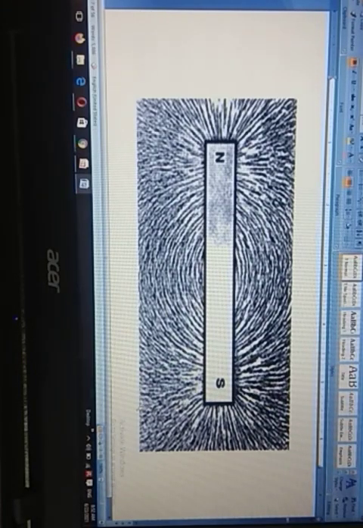A bar magnet is a magnet which has two poles, north pole and south pole. You can see that the iron filings arrange themselves in the pattern of the magnetic field lines around the bar magnet.